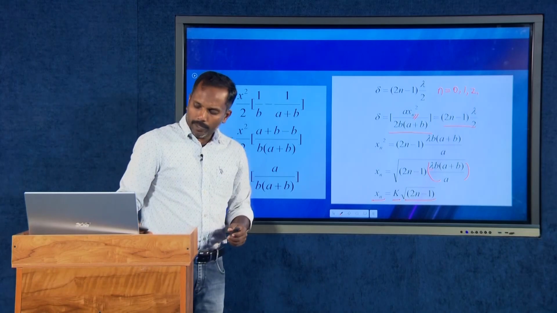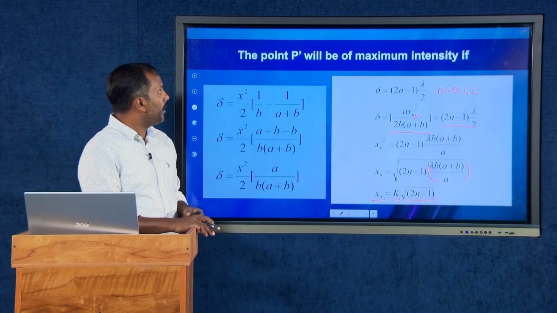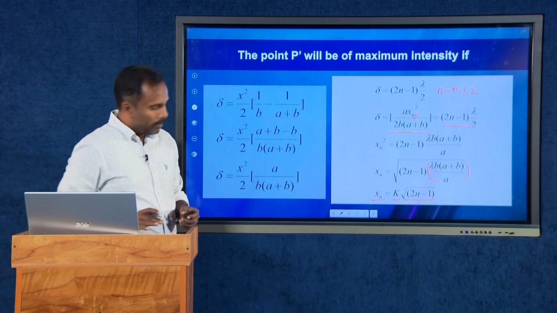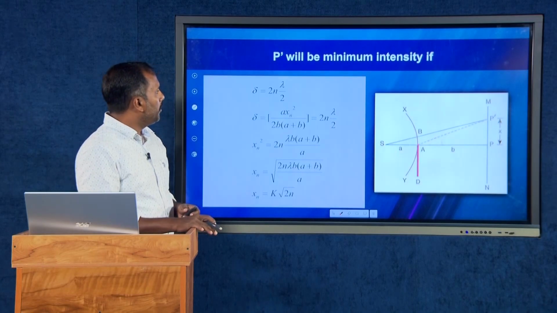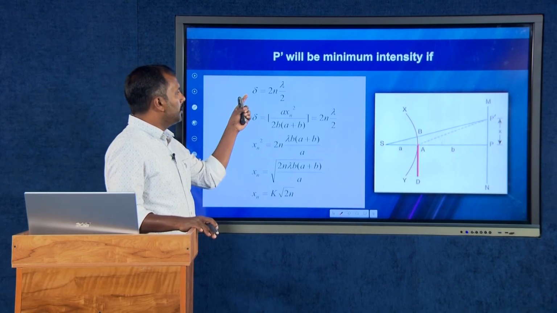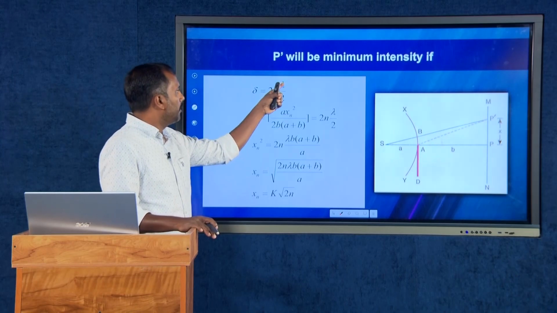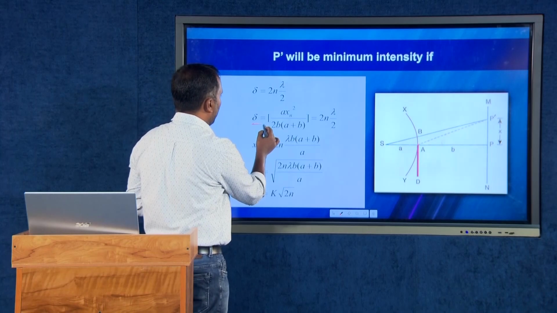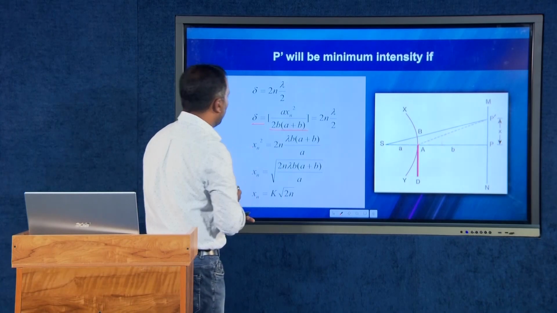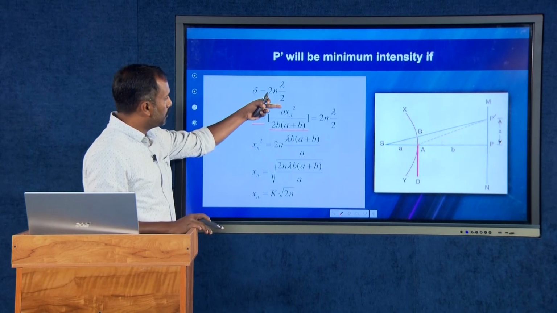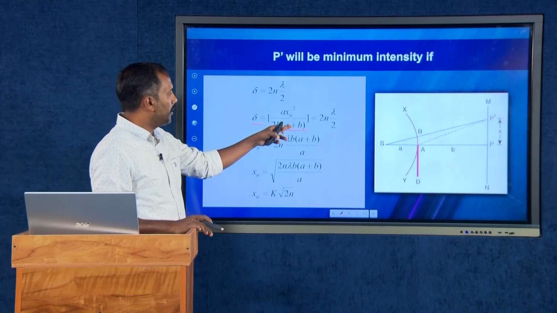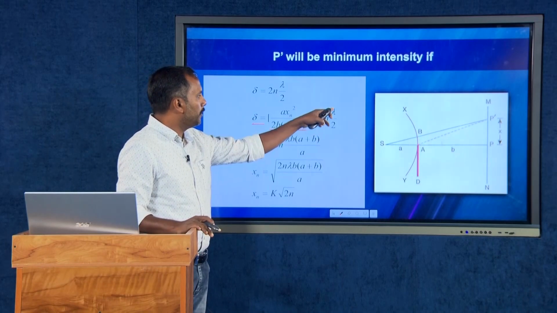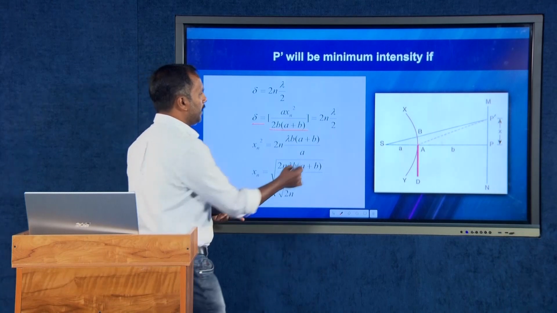Similarly, the point P dash will be of minimum intensity when the path difference is equal to 2n into lambda by 2. Again I am substituting the value of the path difference, a xn squared divided by 2b into (a plus b), that is equal to 2n into lambda by 2, or simply you can write it as n lambda itself.